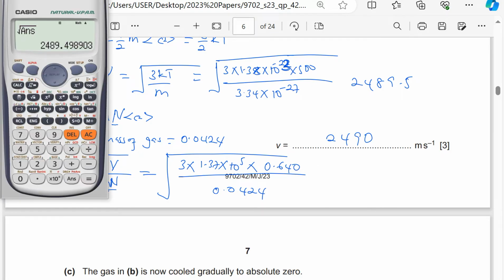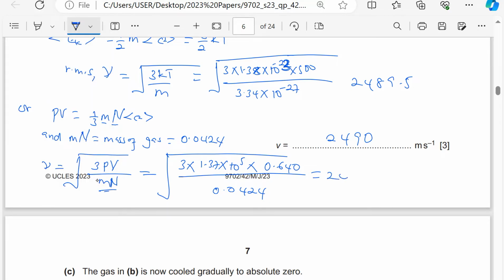Let me check. Taking the square root of the answer automatically gives 2490 meters per second. So it's the same answer.